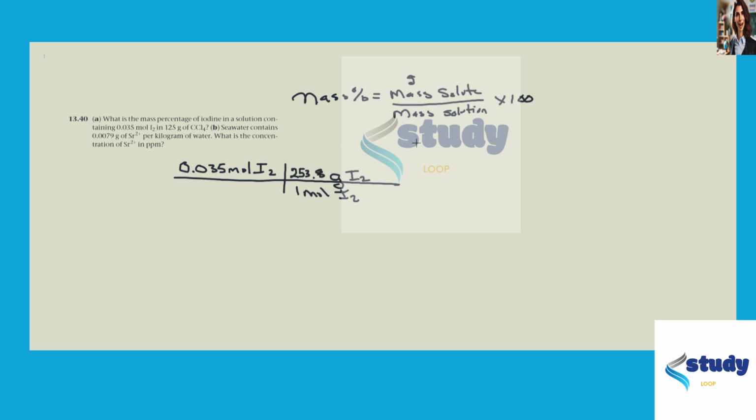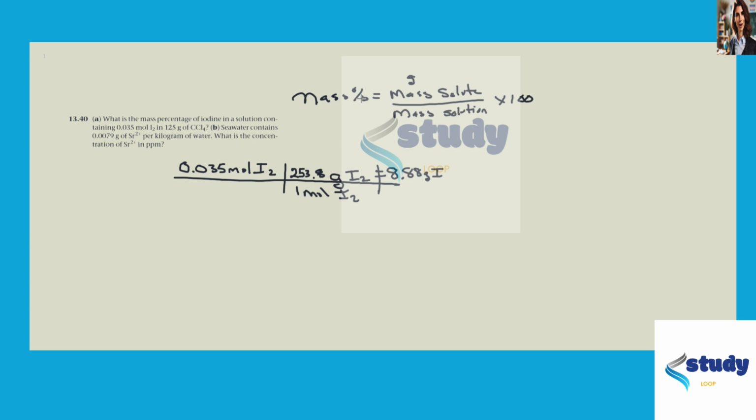And we find out if we were to weigh that iodine on a scale, we would have 8.88 grams of iodide. We're going to have to watch out later when we finish up our problem for significant figures, but we're not going to take that into account just yet.